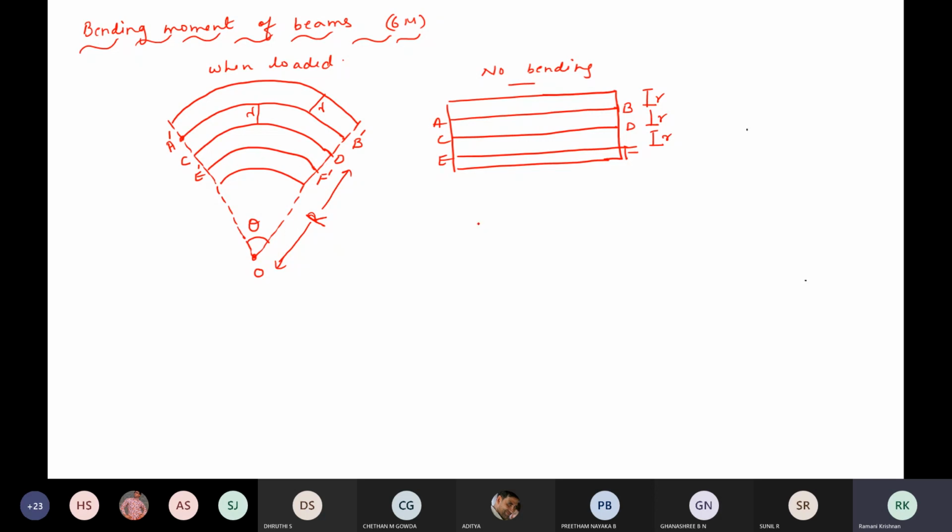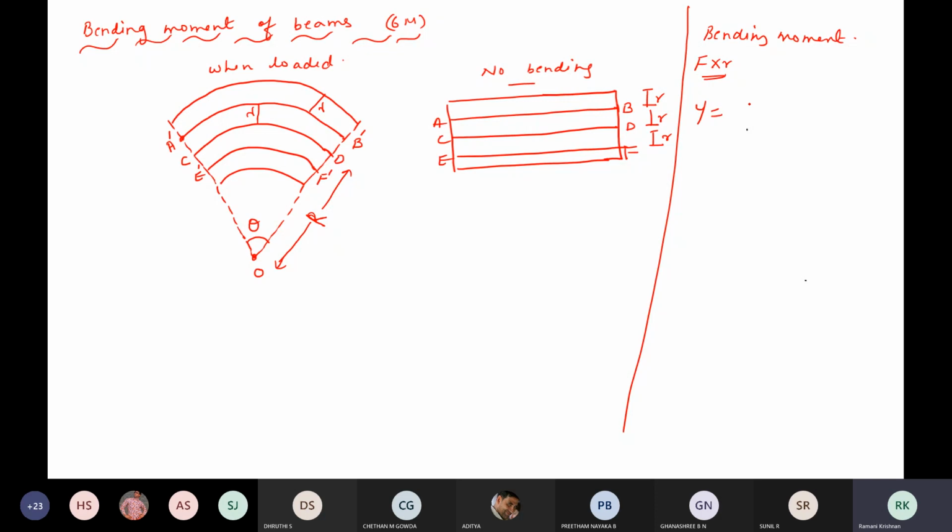Now let us see, I'm going to find the bending moment. This is rough work. Bending moment is force into perpendicular distance, like torque. Now what is force? Because here the beam is undergoing change in length, we are going to talk about Young's modulus.